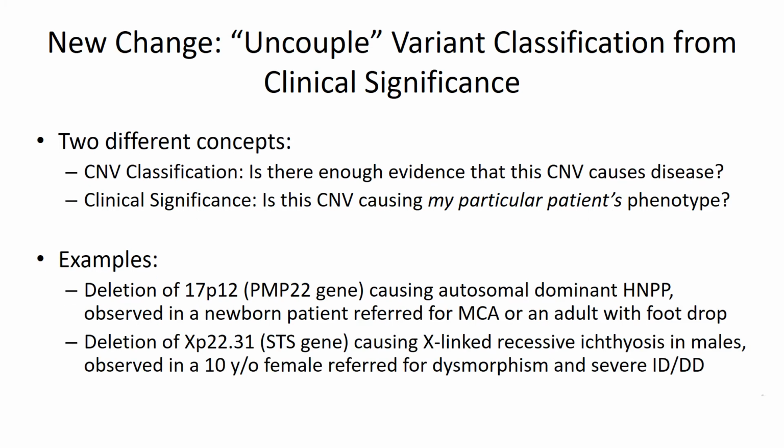Next, consider how you would classify and interpret a deletion involving a gene on the X chromosome that causes an X-linked recessive cutaneous disorder in males that is observed in a 10-year-old female referred for dysmorphism and severe intellectual disability and developmental delay.